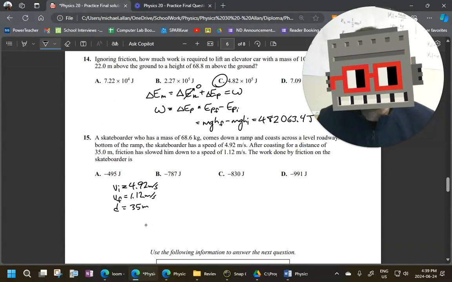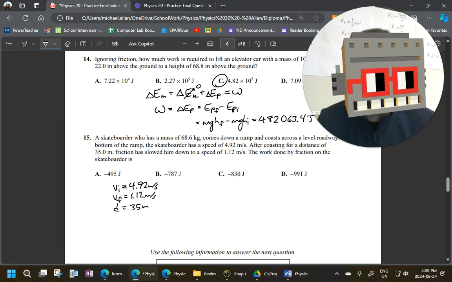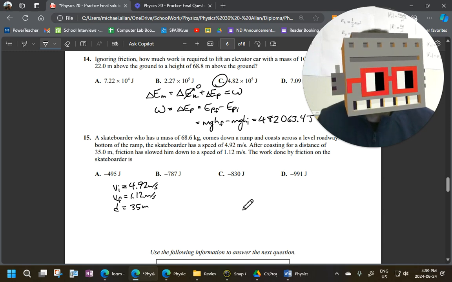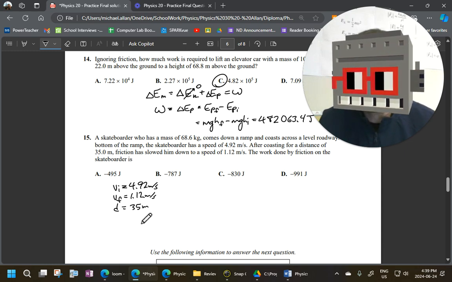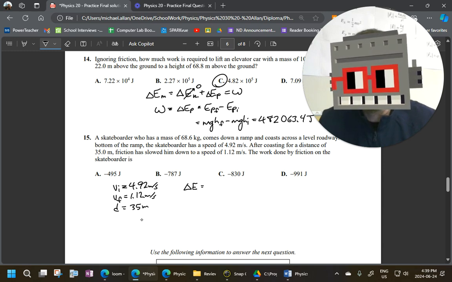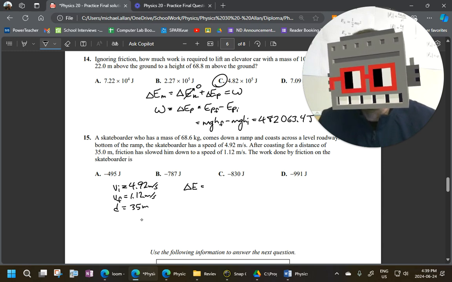What is the work done here? All right. So what I'm going to want to do is I can go force times distance, or I can just find the change in the energy here. So my change in my energy, I'm assuming, if my height doesn't change, a nice level roadway here.